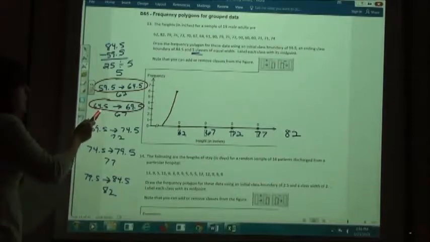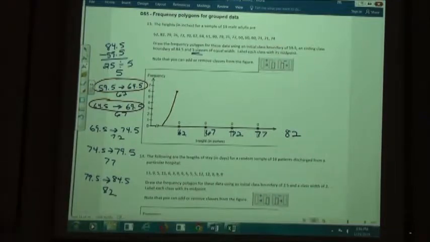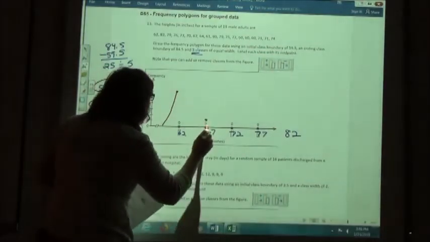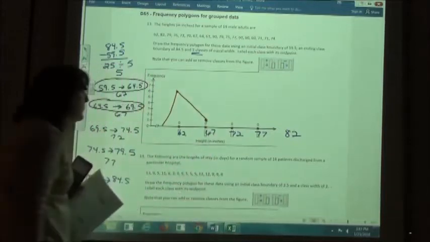No, you're not going to count 64 because it's 64.5 or higher. So you're actually going to go from 65 to 69. There's only one. So you're going to put a mark at 1, and the line's just going to connect there.